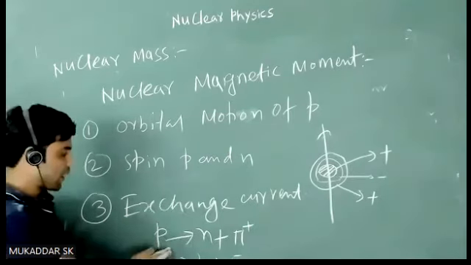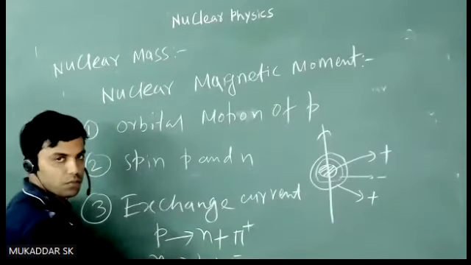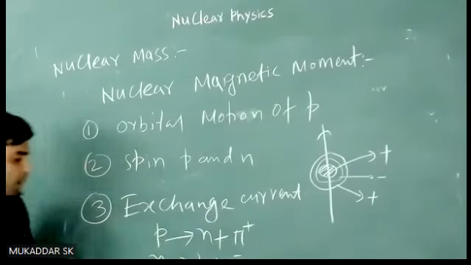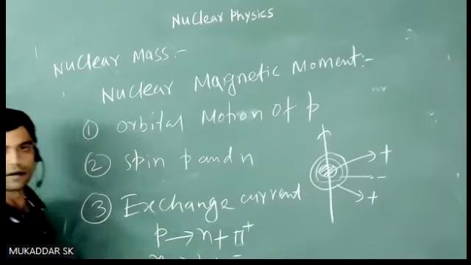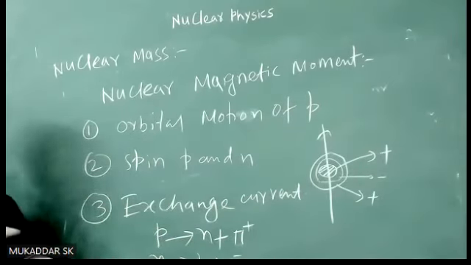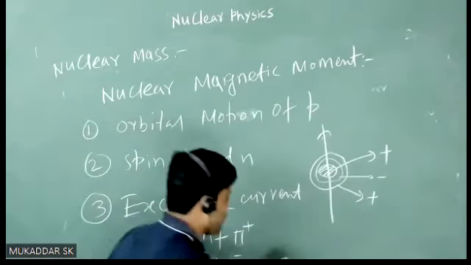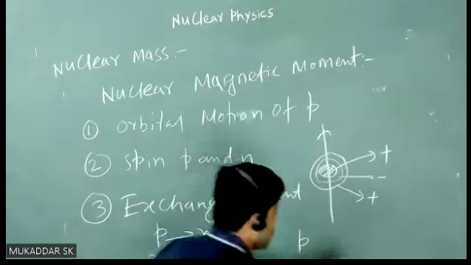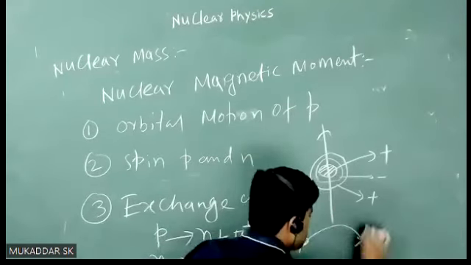The proton can interact with neutron by the emission of pi plus, and neutron can interact with proton by the emission of pi minus. Since a charged particle is being emitted, it will definitely have some current. In pictorial form, the proton interacts with the neutron by the emission of pi plus.